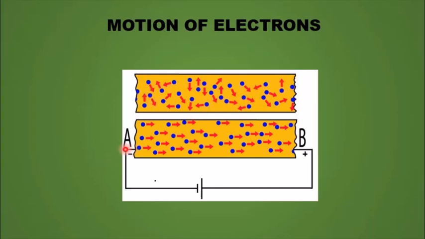But as soon as we attach a conductor and start to create a potential difference, these electrons start to move from negative to positive. So the transfer takes place from negative to positive, and in this direction the electrons start to flow, and as they flow, they also carry electricity with them. So this is called the motion of electrons.